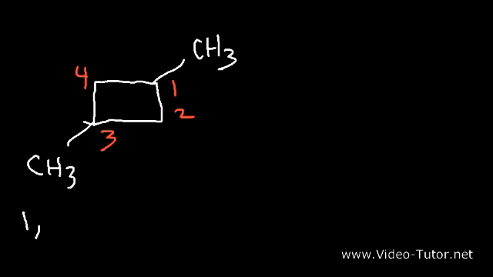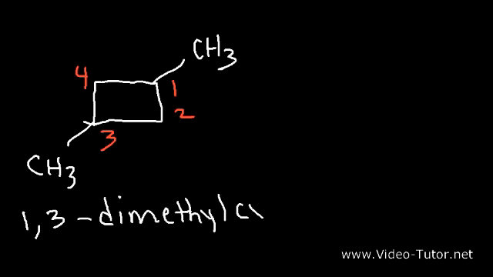So this is going to be called 1,3, use a comma to separate the numbers, dash dimethyl, since we have 2 methyl substituents, cyclobutane. So that's the name for this particular compound. Let's move on to our next example.